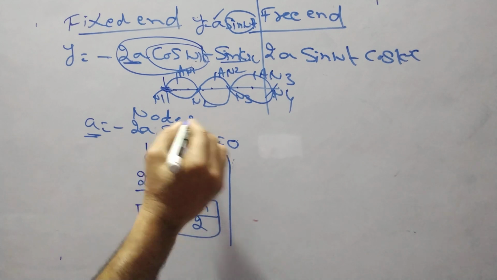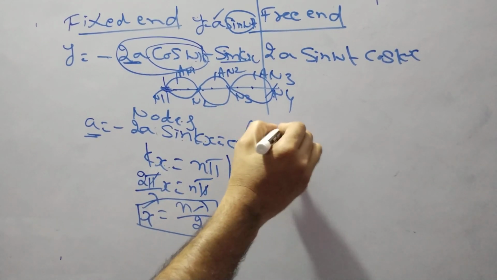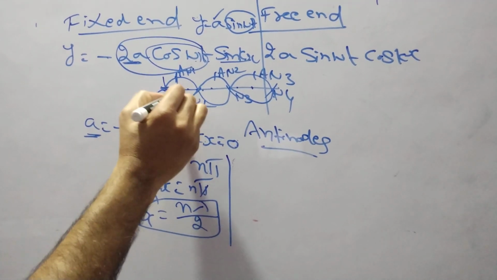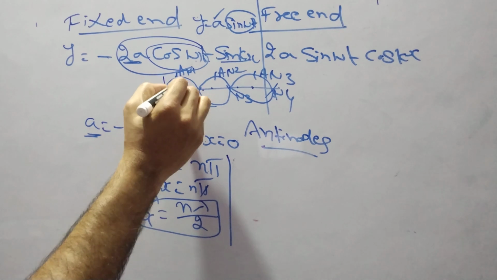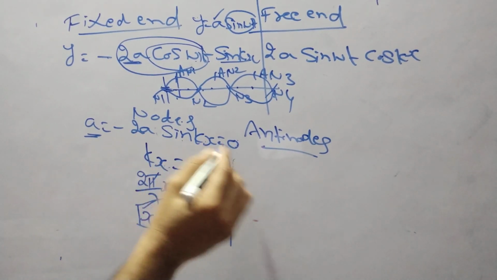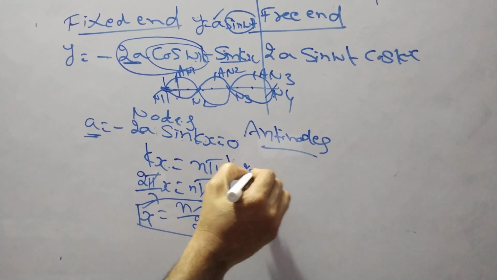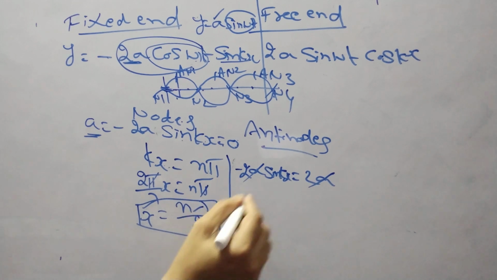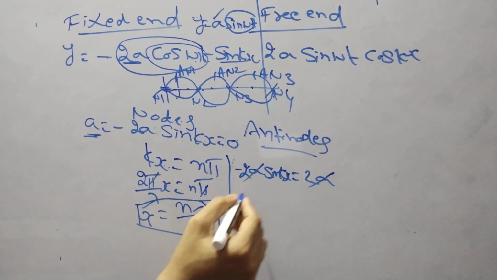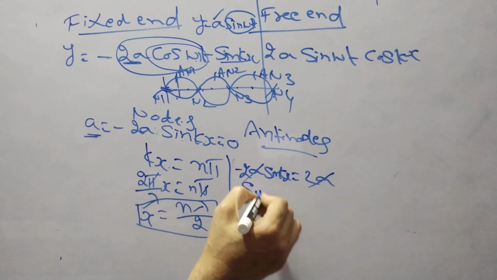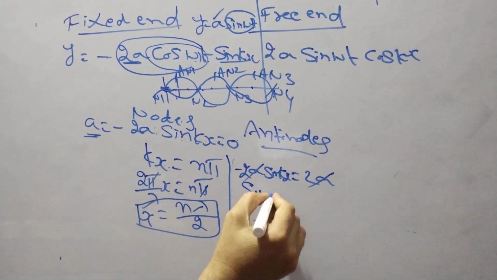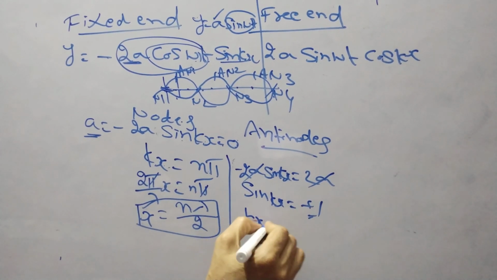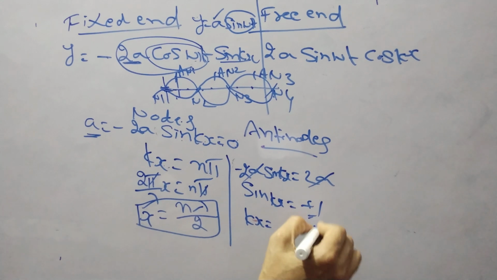For antinodes, the total amplitude is 2A. So you have to equate 2A sin kx to 2A, so this will get cancelled here. So sin kx equal to plus or minus 1, because this is downward we are taking now. So this value kx equal to (2n plus 1) into pi by 2.